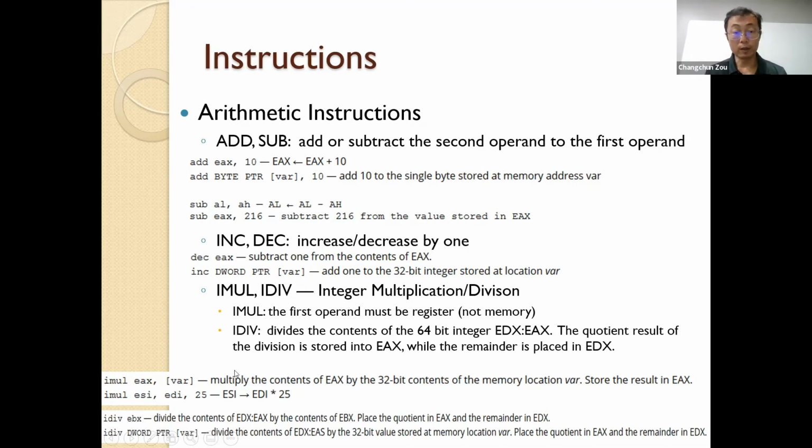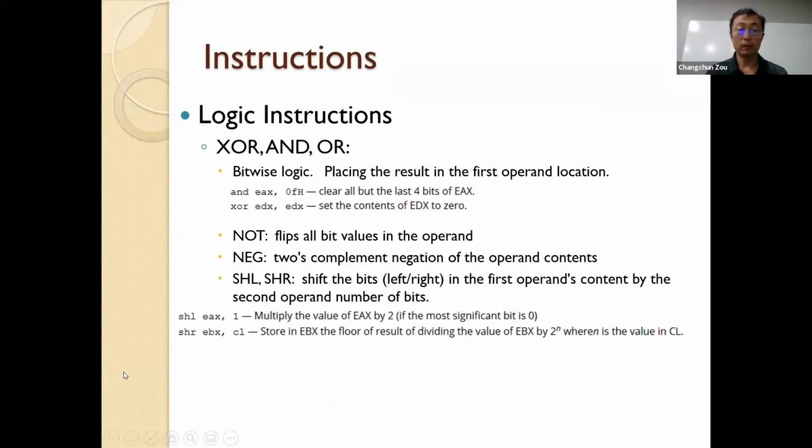This one multiplies the content of the EAX itself with this. If you only have 2 operands, then basically the contents of these 2 registers are multiplied together. So that's the multiply.